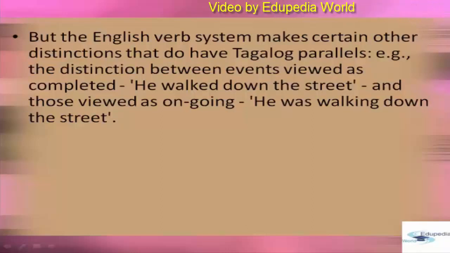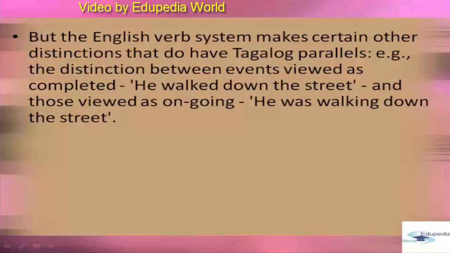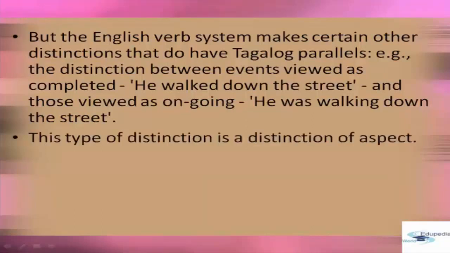For example, the distinction between events viewed as complete, for example, he walked down the street, and those viewed as ongoing, he was walking down the street. This type of distinction is a distinction of aspect.